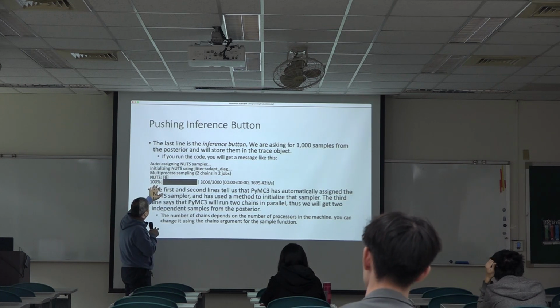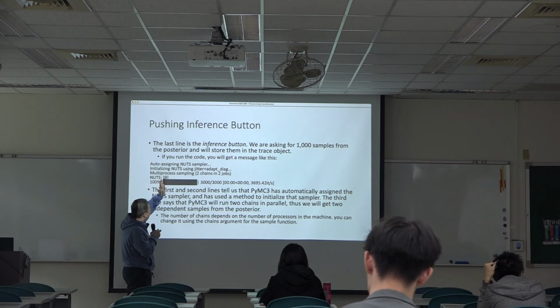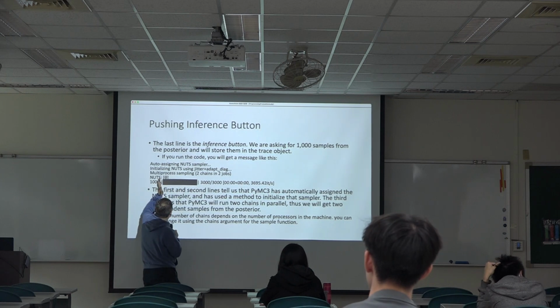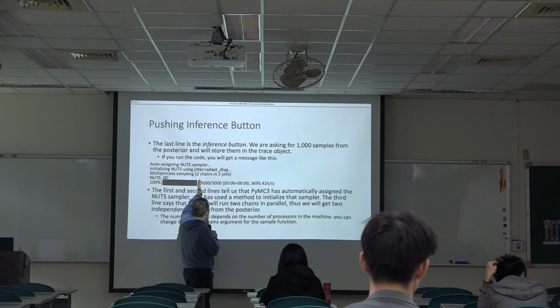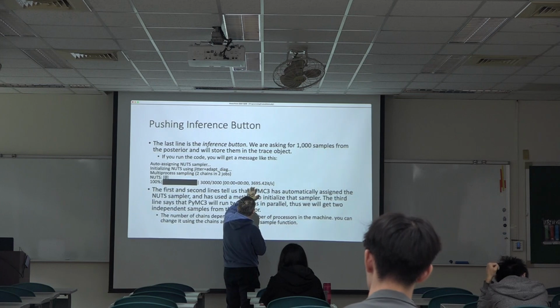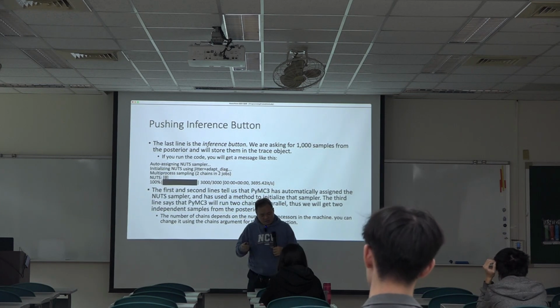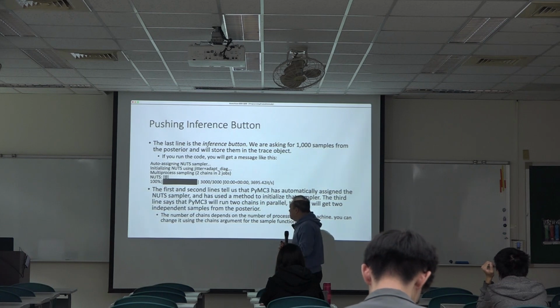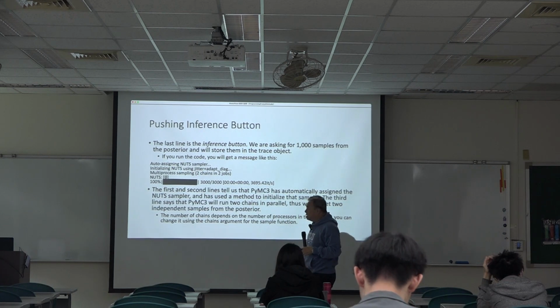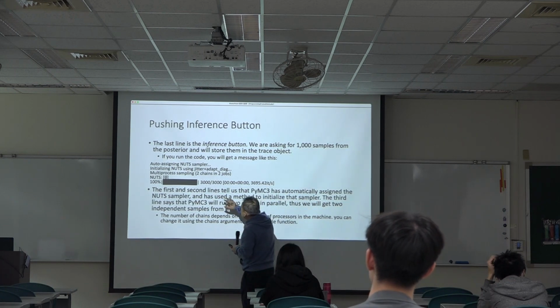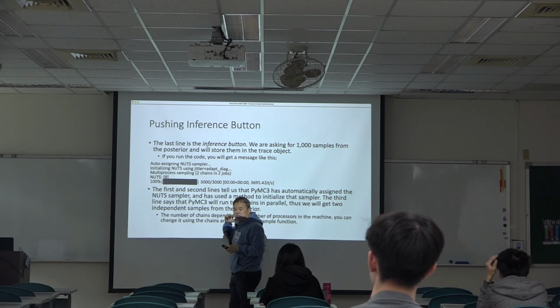And then you will see this bar running from 0% to 100%. It should be very, very fast. Nowadays the CPU is quick. But one thing you may wonder is that it says 3,000 over 3,000. What does that mean?